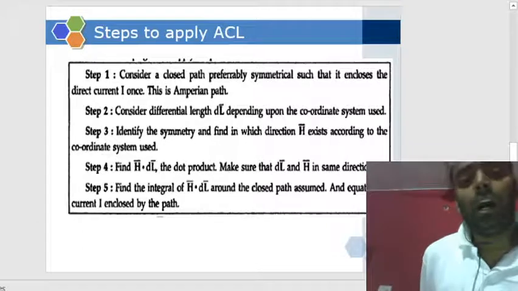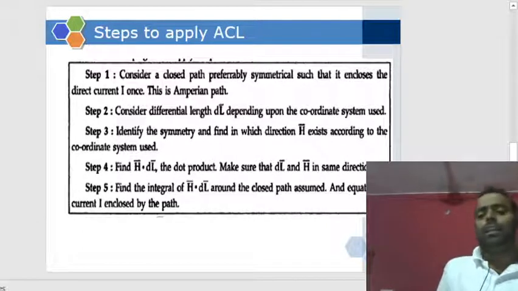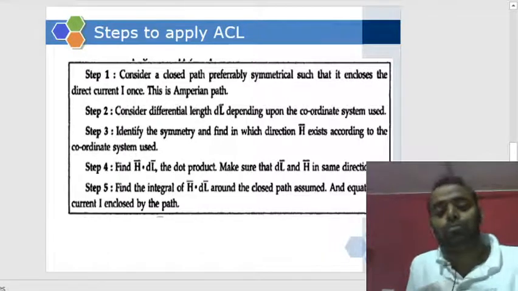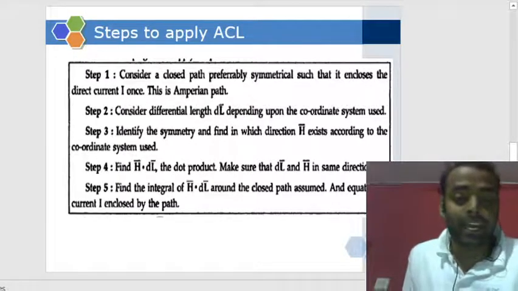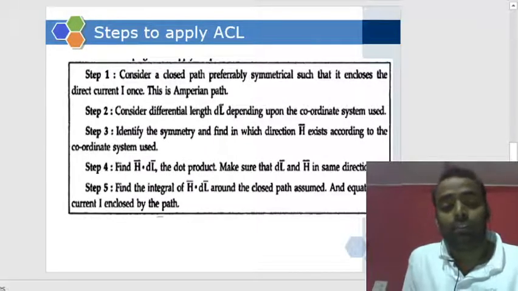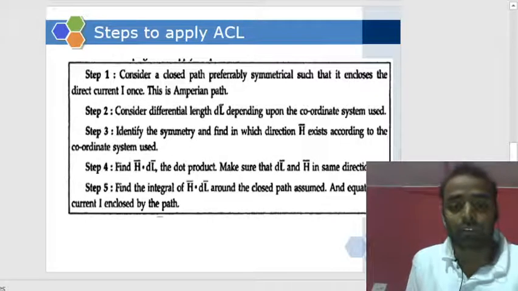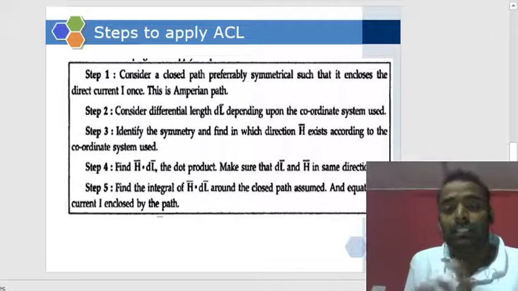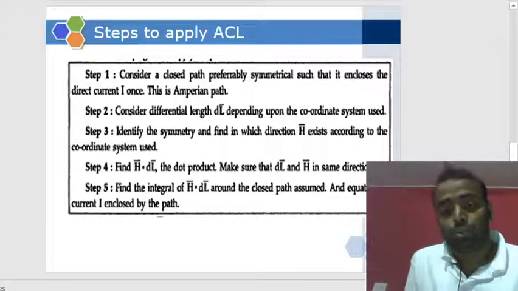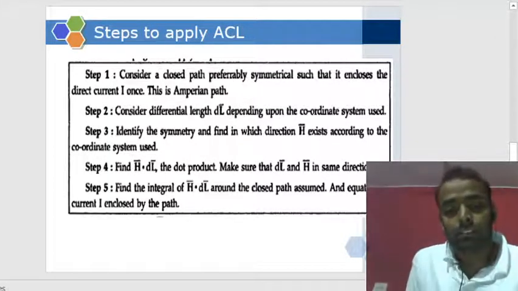Now the steps to apply ACL. How will we apply it for any complex problem, if we want to determine H, current or B, whatever we want to determine? First of all, we'll consider a symmetrical closed path which will enclose this current. This is the Ampere path.